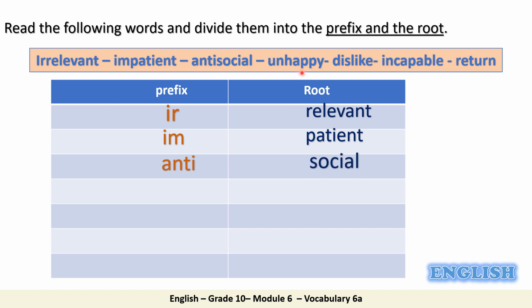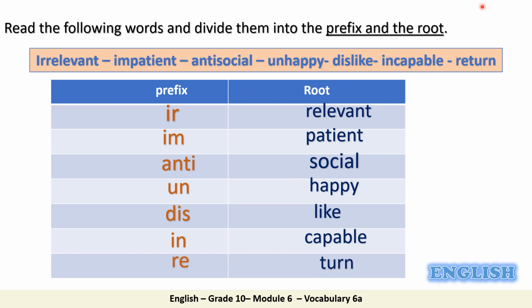Unhappy. The prefix here is un, and the root of the word is happy. Dislike. Dis and like. Incapable. Return. So the prefix is re and the root is turn.